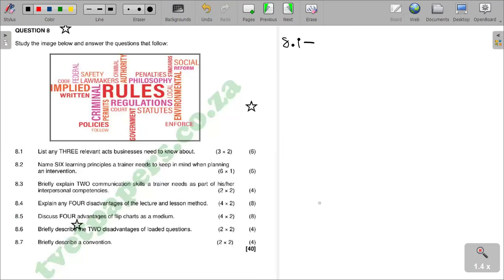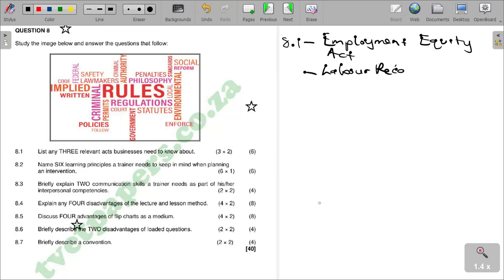So we have acts like the Employment Equity Act. Another act is the Labour Relations Act of 1995.